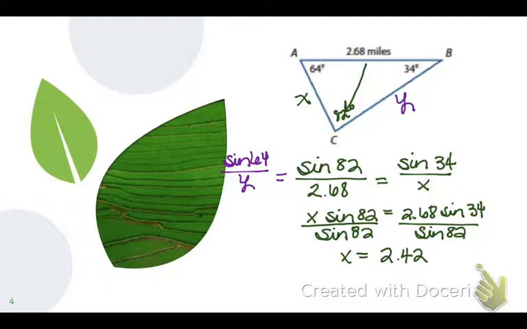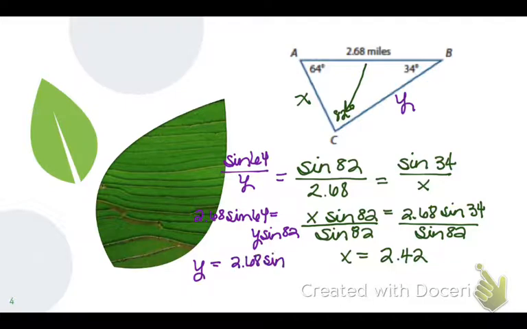Again, we use cross multiplication. 2.68 sine of 64 is equal to y times sine of 82. Divide both sides by sine of 82. So what we have to type into the calculator is 2.68 times the sine of 64 and divide that by the sine of 82. And we would see that we have the other side length of 1.51.